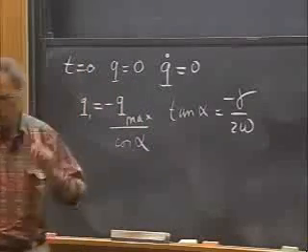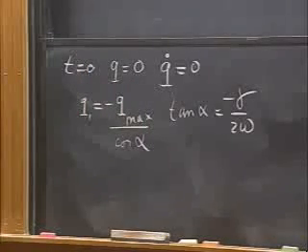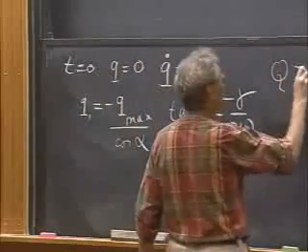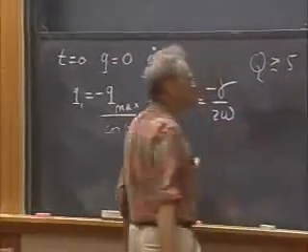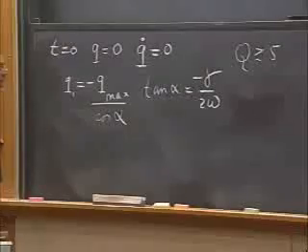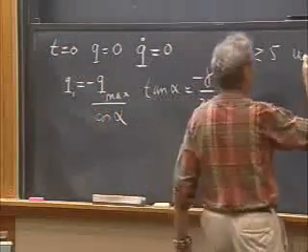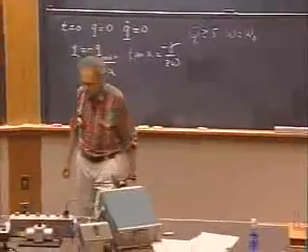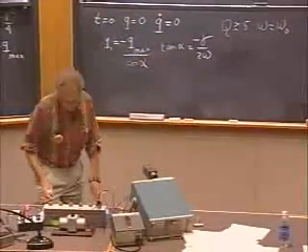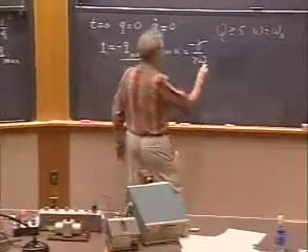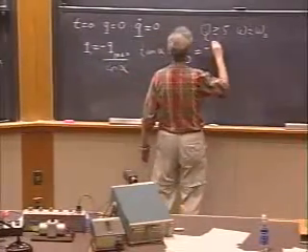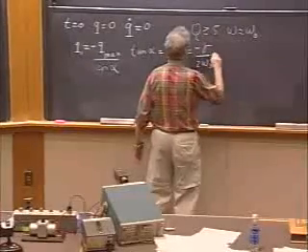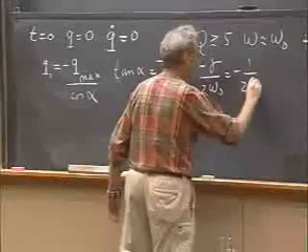I don't have a very good feeling for these numbers, but what I do have a good feeling for is that I know when Q, say, is larger or equal to 5, then I know that omega is very close to omega 0. Extremely close. So that means I can write for this minus gamma divided by 2 omega 0, which is minus 1 over 2Q.